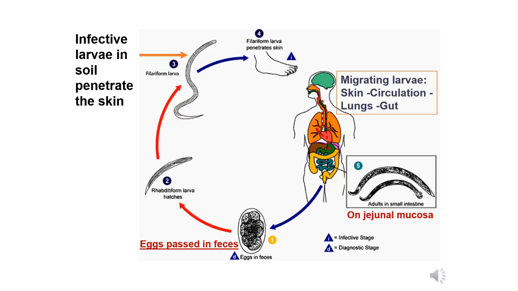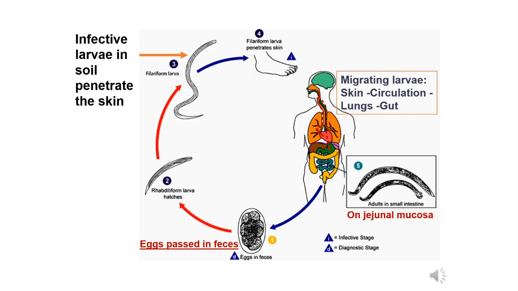Okay, the life cycle here is similar to before, except that infection is acquired not by the fecal oral route, although the eggs are deposited in the feces from infected people. The eggs hatch out in the external environment, and the rhabditiform larva comes out of the egg, and then it molts once in nature into the filariform larva.